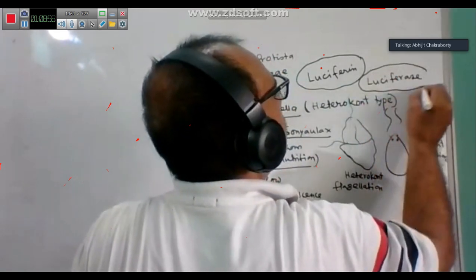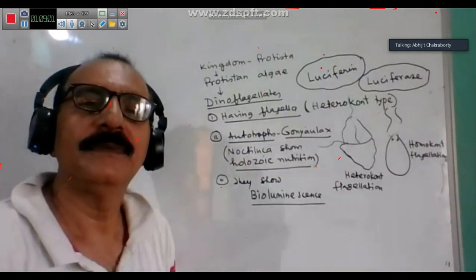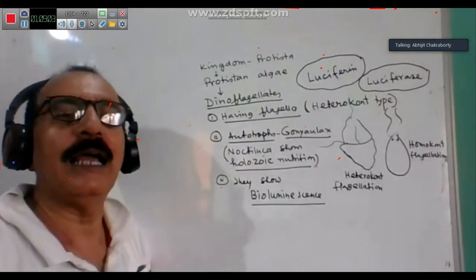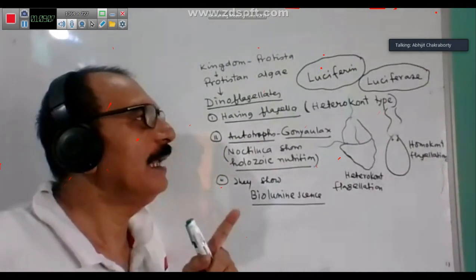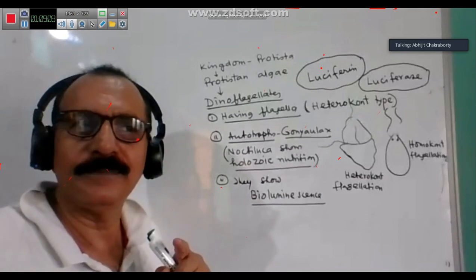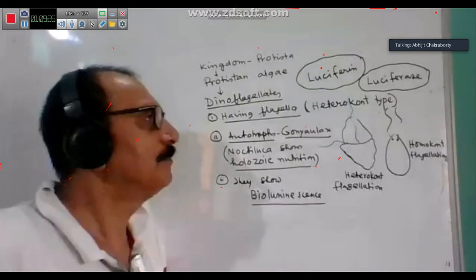Along with luciferin there is another enzyme, luciferase. That means if someone is to emit light, then they should have this luciferin and also the luciferase. Generally, ATP is generated.